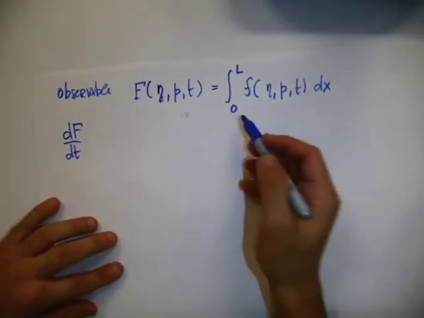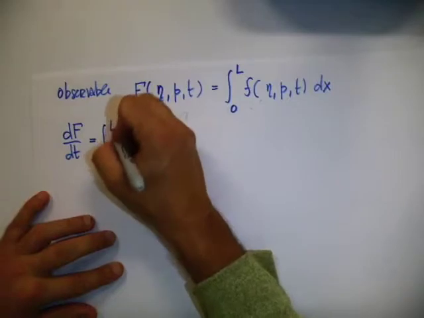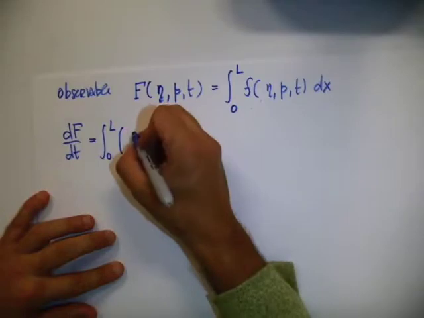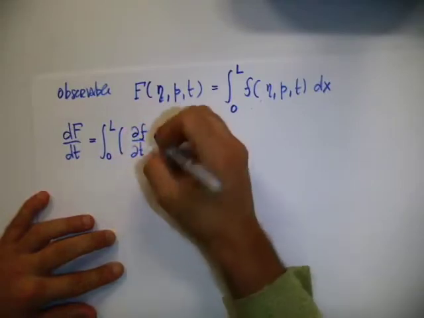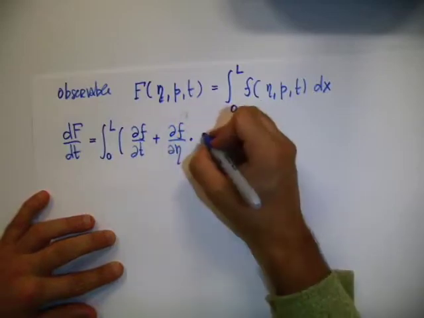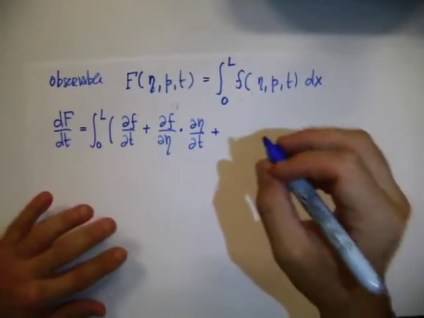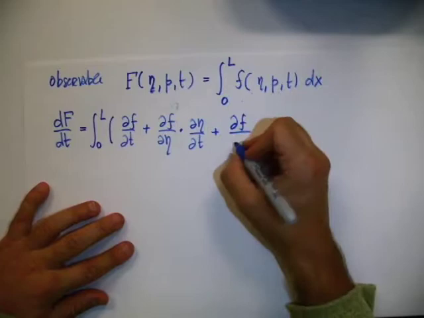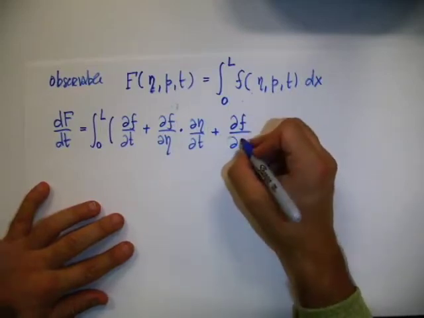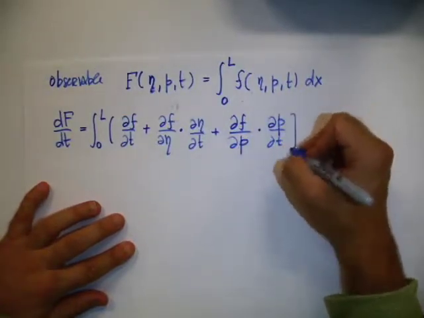Of course, to do that, this is equal to the integral between 0 and L of open parentheses partial of f with respect to time plus partial of f with respect to eta times d eta dt plus partial of f with respect to p times dp dt in delta x.